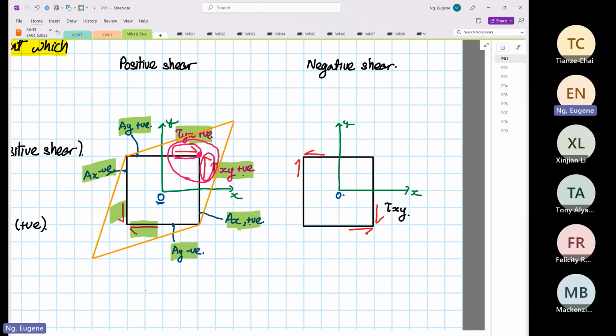Shear stress in one direction, shear Yx, right? So what you can see over here now, if we were to draw the deformation pattern for negative shear, it looks like this.